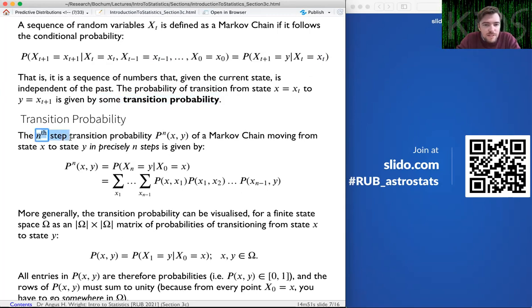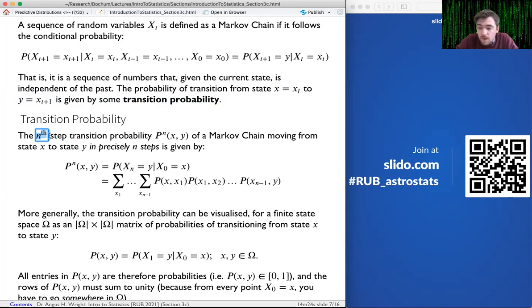The probability of going from point x, equal to x t somewhere in the state space, to point y, equal to x t plus 1 somewhere else in the state space, in n discrete steps. So I want to go from here to here in a finite number of steps.